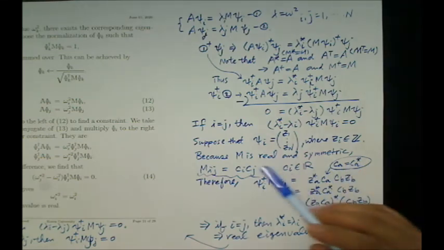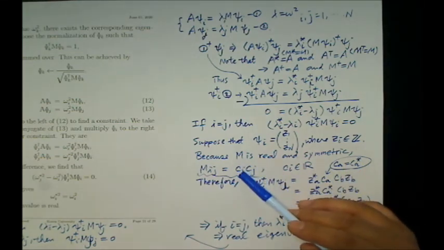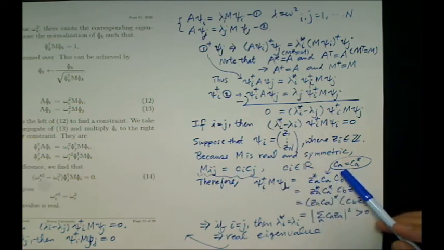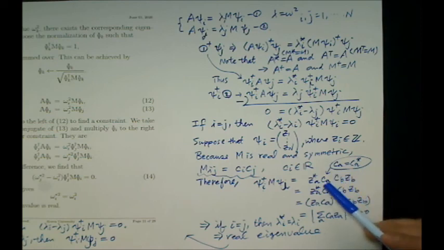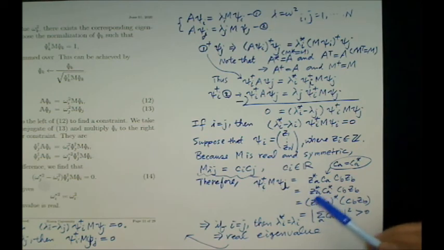We find this because C is a real number; any component and its complex conjugate should be the same. Therefore, after the calculation, we find that this is a complex number multiplied by its complex conjugate. That means this is the absolute value of a complex number.